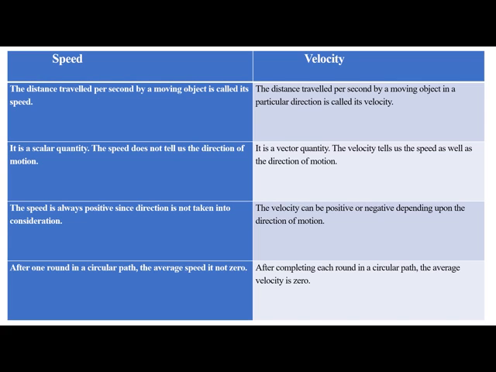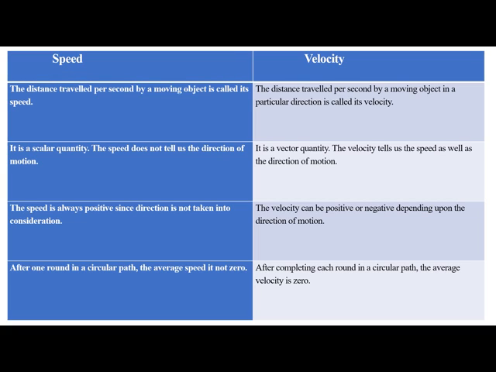But in the case of velocity, the distance traveled per second by a moving object in a particular direction is called velocity. So there is direction in velocity. It is a vector quantity and it tells us the speed as well as the direction.